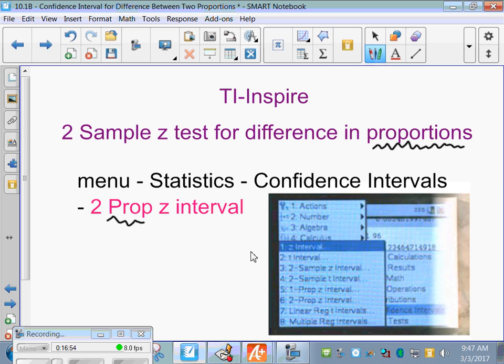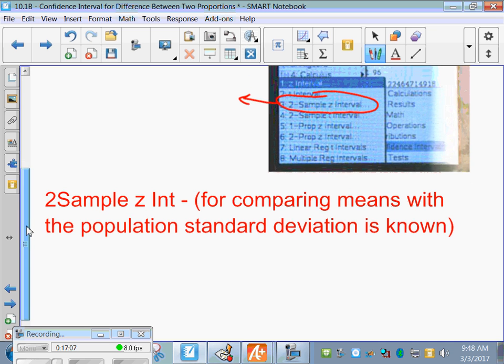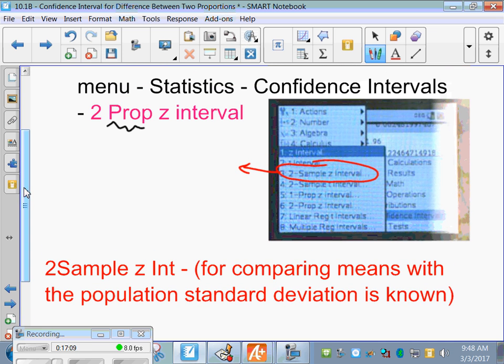The 2-sample z-interval is actually for means when you know the population, because you can use a z-score when you know the true standard deviation of the population. We do not typically know that, so you're not even going to use that very often. So the one you're looking for is a little further down. Always look for the word proportion, okay? So 2 proportion z interval.